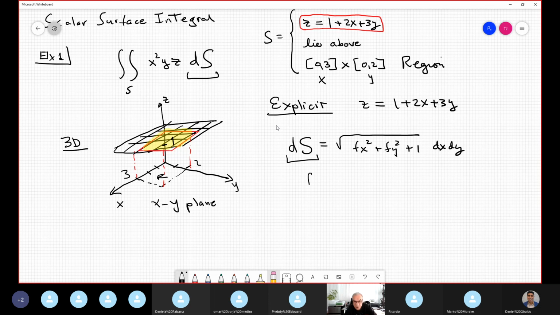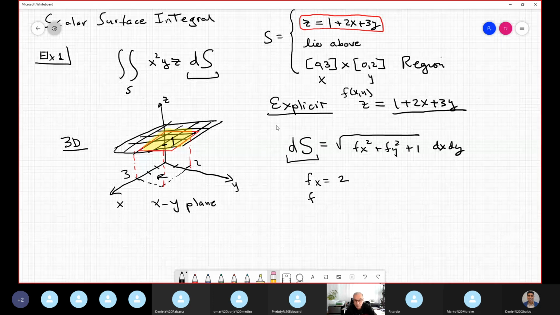You compute the partial derivatives of f. Who is f? Well, f is z. Always, well, not always, in this case. So the partial derivative of f with respect to x is 2, and the partial derivative of f with respect to y is 3.